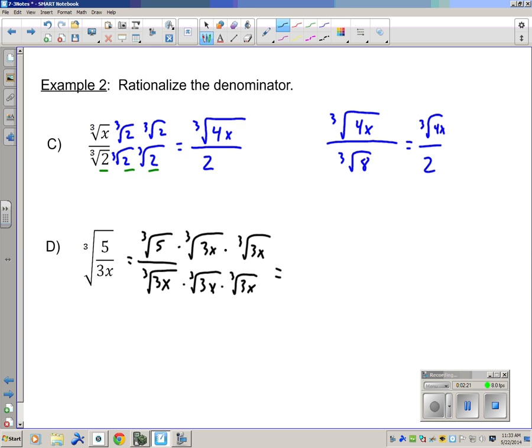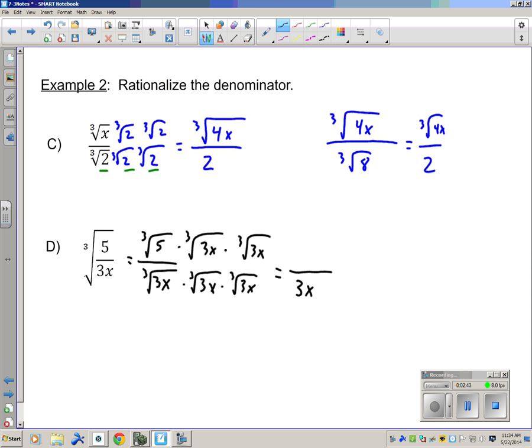So now what happens, you've got cube root of 3, cube root of 3, cube root of 3, and you're doing a cube root of it, so a 3 comes out. You've got cube root of x, cube root of x, cube root of x. You've got a group in there of 3, so I can pull the x out. At the top there, I don't have anything that occurs 3 times.